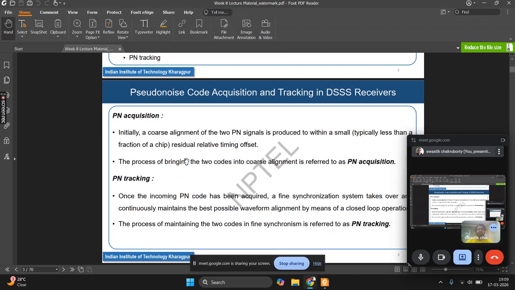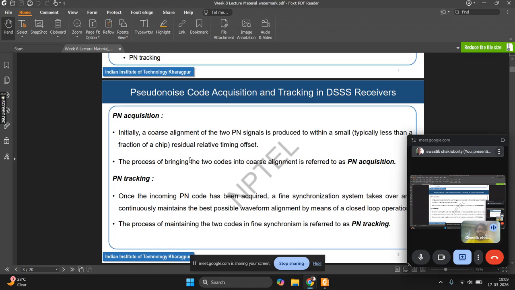So initially a coarse alignment of the two PN signals is produced, the one that is at the transmitter and the one that is replicated at the receiver, within a small fraction, typically a residual relative time offset. The process of bringing two codes into coarse alignment is referred to as PN acquisition.